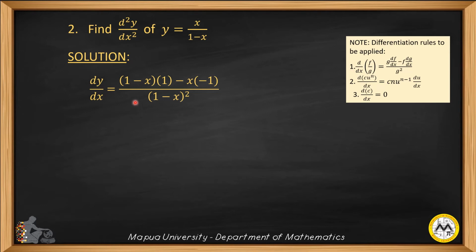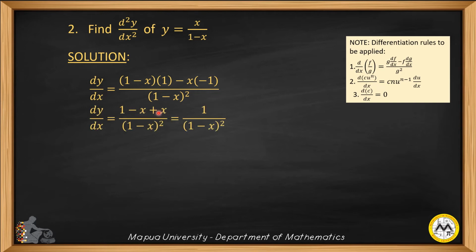Hence, we have the denominator 1 minus x times the derivative of the numerator, which is 1. That is just the derivative of x with respect to x. Minus x times the derivative of 1 minus x, which is negative 1. This difference is to be divided by the square of 1 minus x.